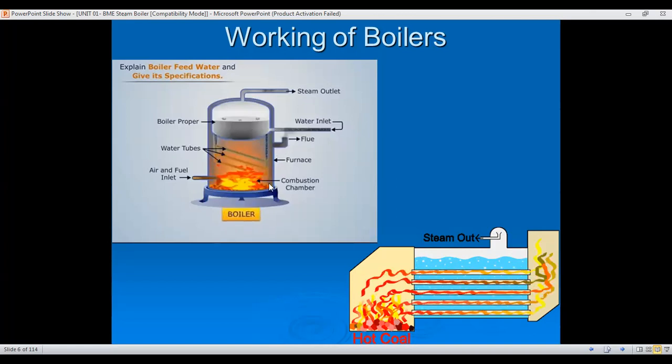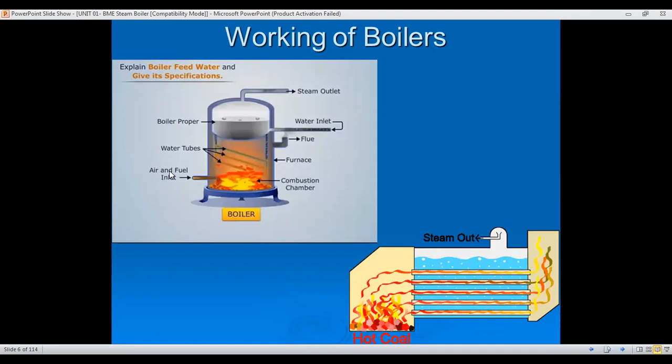And now here you can see the boiler open. The steam outlet is here, and see, the water inlet is there. You can see 1, 2, 3, 4, 5 water tubes here, and this is the furnace. Here this is the combustion chamber.